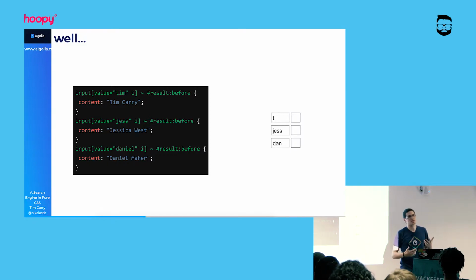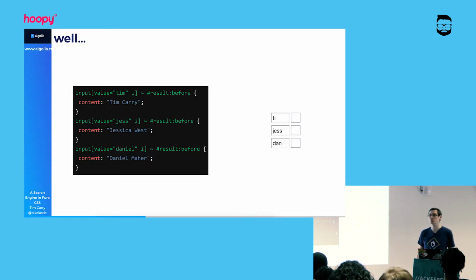When you're doing a search, you should show your users results as soon as you have a relevant result. You shouldn't wait for them to type the word completely. If there is a match for Dan, you should display the match for Dan right now. So that's when I realized that search engines were a bit more complex than my naive approach here, and I needed to better understand how it was working internally.